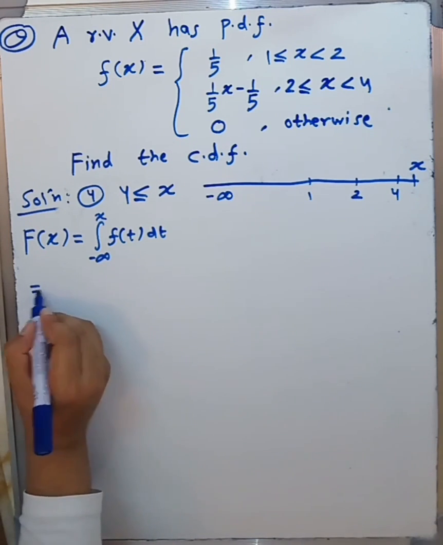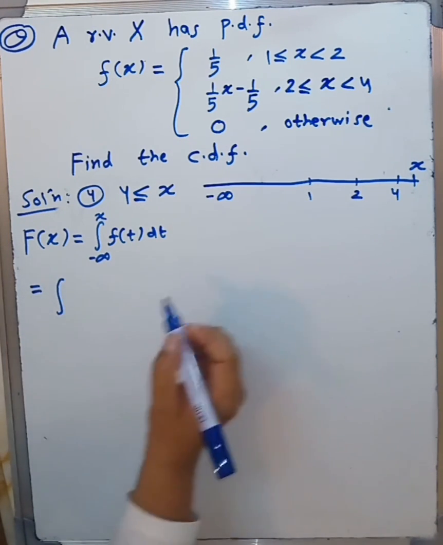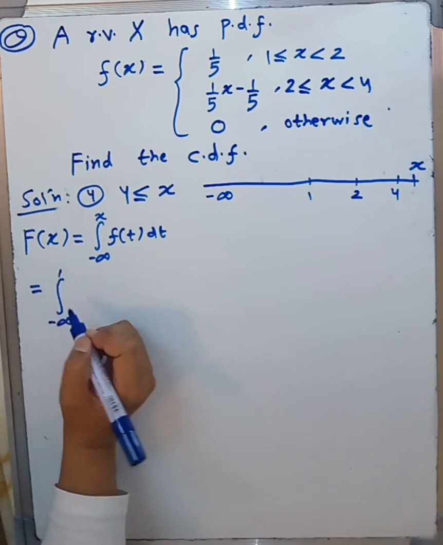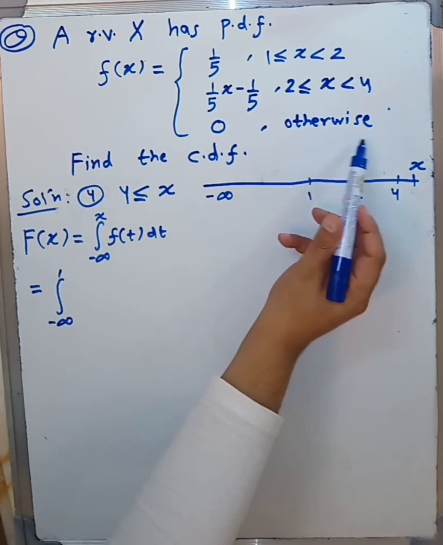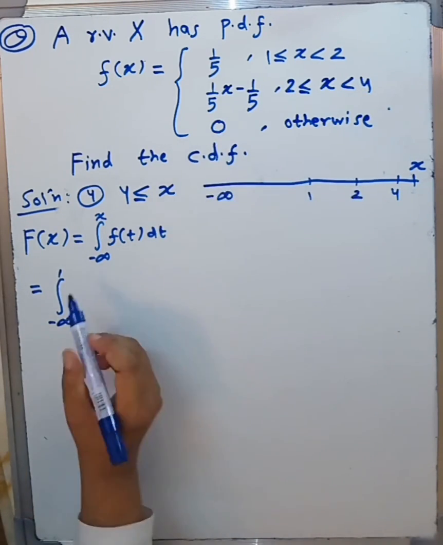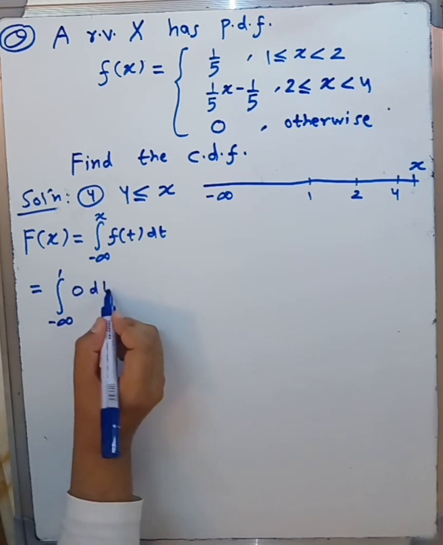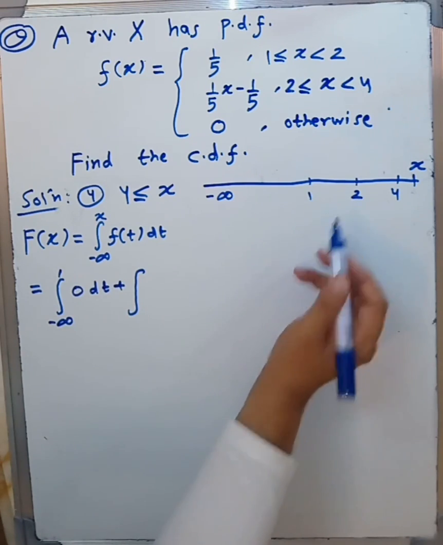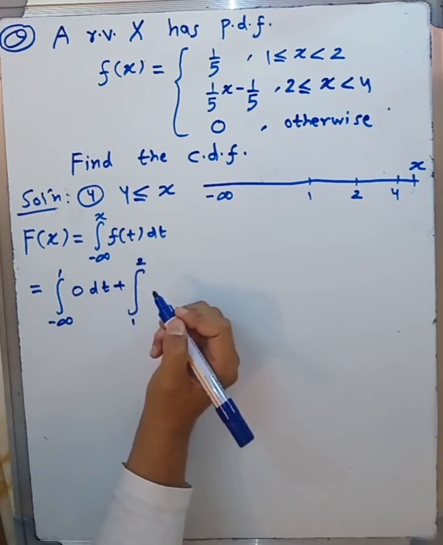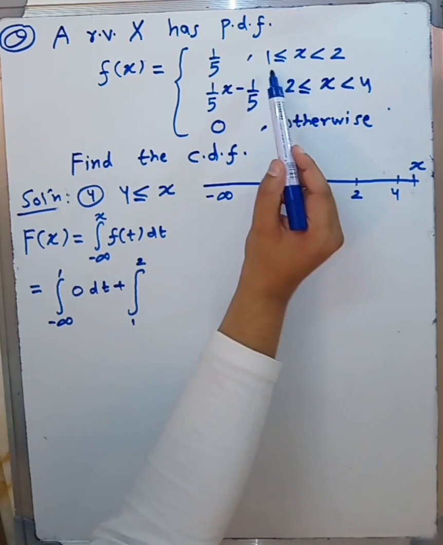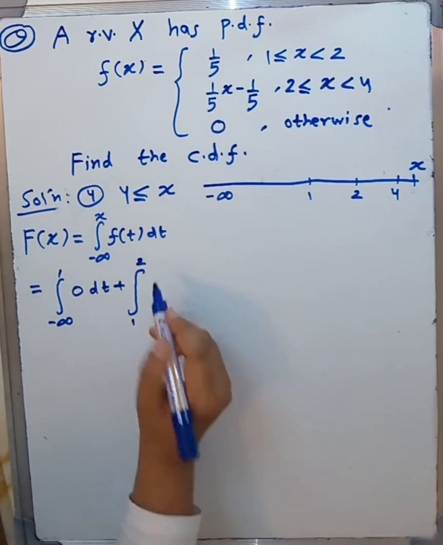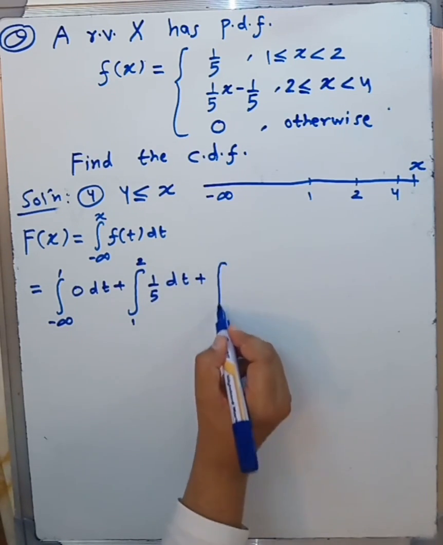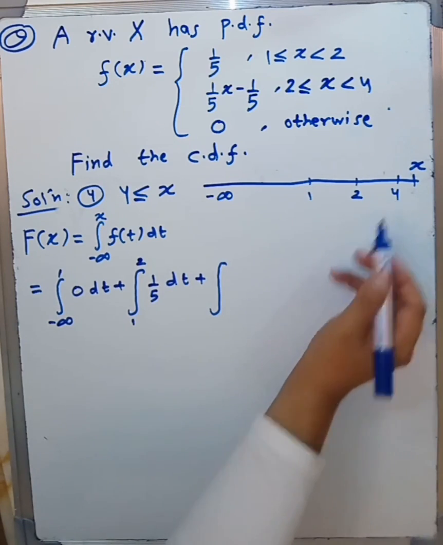Now this integral I will break from minus infinity to 1. In this case, the value of the PDF will be 0, plus second integral from 1 to 2. In this case, the value of the PDF is 1 by 5, plus third integral 2 to 4.